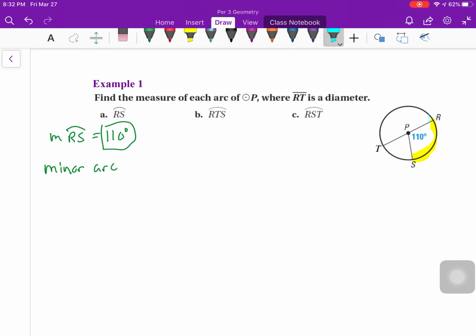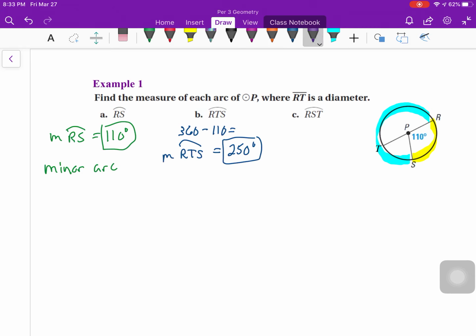The arc that goes from R through T to S is more than 180, so that's a major arc. In fact, it's the remainder of the whole circle. A full circle is 360. If we subtract the 110, we find out the measure of arc RTS would be equal to 250 degrees.